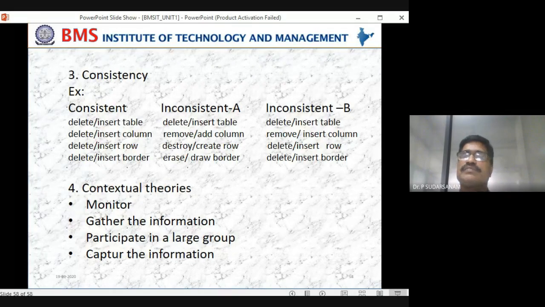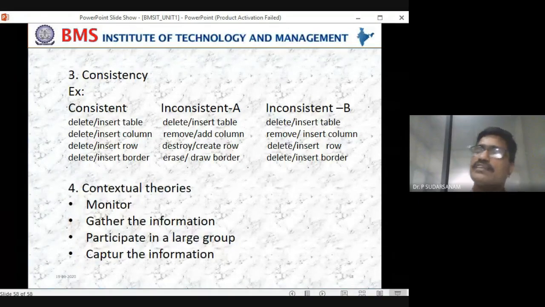Next is capturing the information. Capturing information is nothing but capturing particular items and showing them. For example, when you are doing business, like Flipkart or Amazon, they take photos and keep them on the websites.